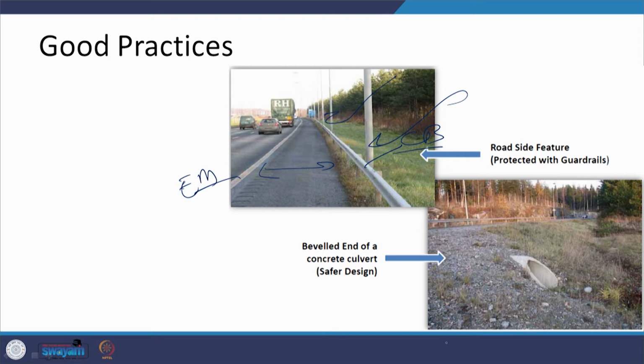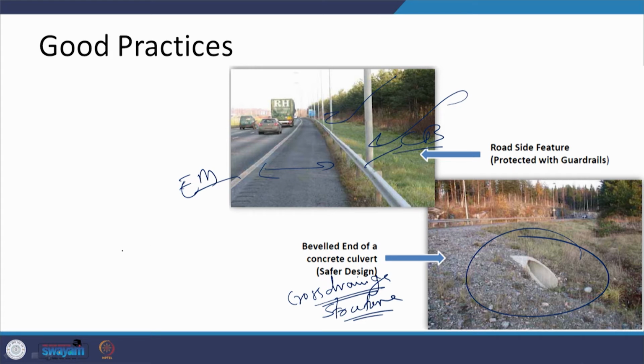Now, another thing is that sometimes we have to provide a cross drainage work. When this cross drainage structure is there, it can be in different forms. It can be in the form of a pipe, or a box, anything. Let us look at the case here where a pipe is being provided.